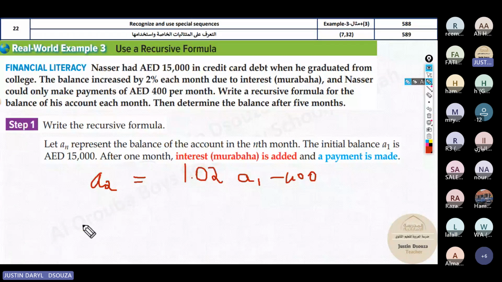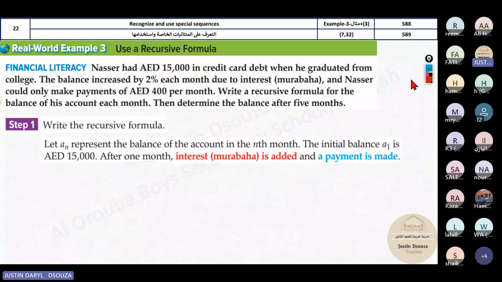Okay, that is because A2 is basically the balance. Okay, I will just show it over here. It's the initial balance. That is, what is the amount? It is 15,000, the initial balance. And then the interest will be added to the balance. Okay, because the balance keeps on increasing by the interest.